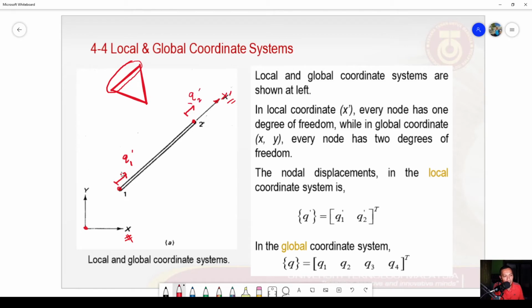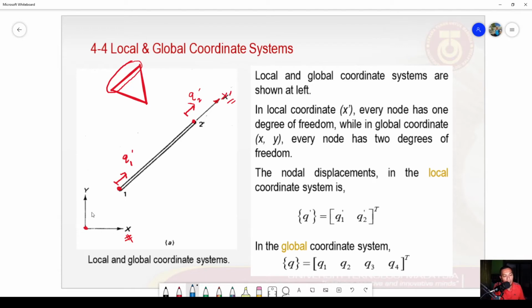That means the displacement of this particular point locally in the x direction is Q1 prime, and the displacement of this particular point number 2, following this local coordinate system, is Q2 prime.